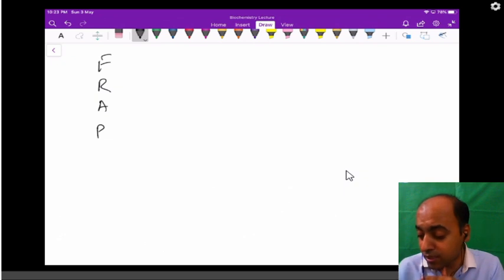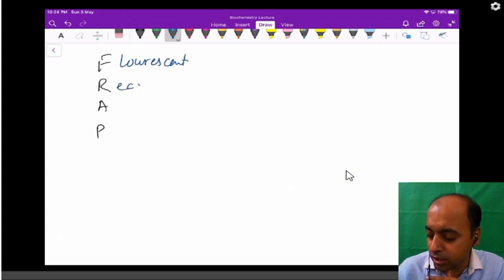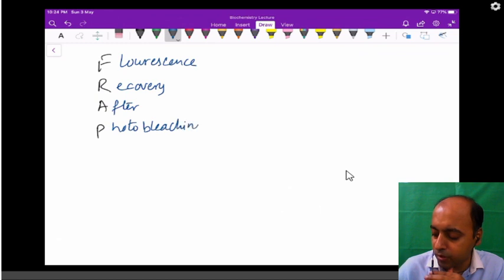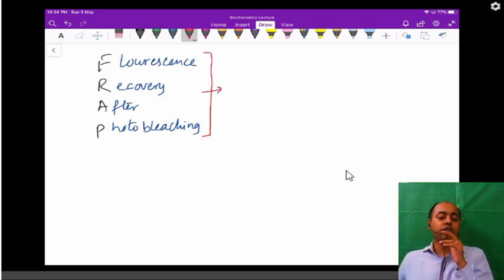Then we have what is known as FRAP. FRAP stands for fluorescence recovery after photo bleaching. Without going into the details, what you have to remember, what is the purpose of FRAP? Why do we use the FRAP?